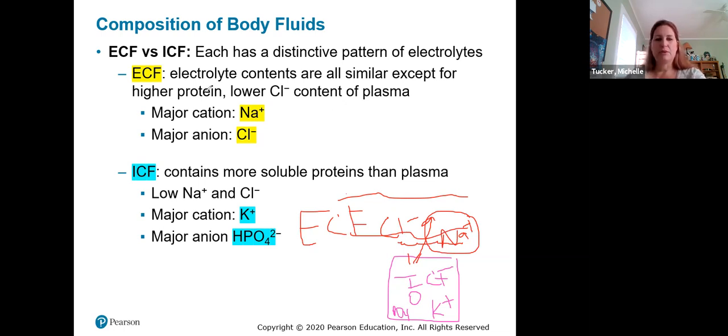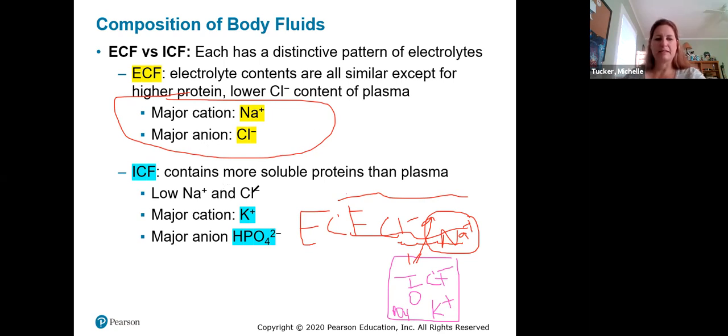So you do need to know the major cation and the major anion for extracellular fluid. That would be sodium and chloride, which separate into ions, but it does kind of make it easier to remember. If you think of salt, it is going to be a major influence in the plasma for maintaining things like blood pressure.